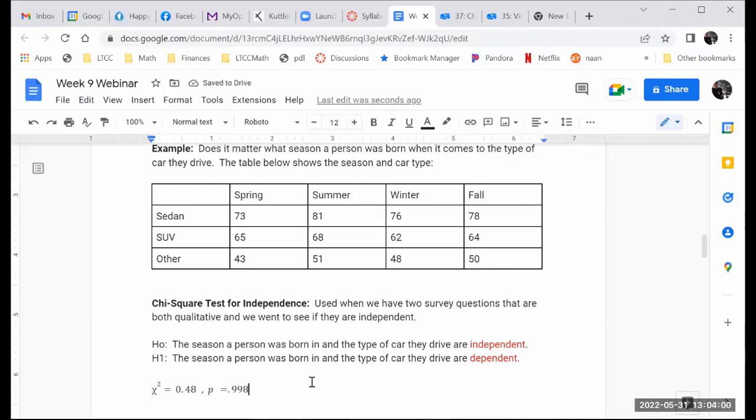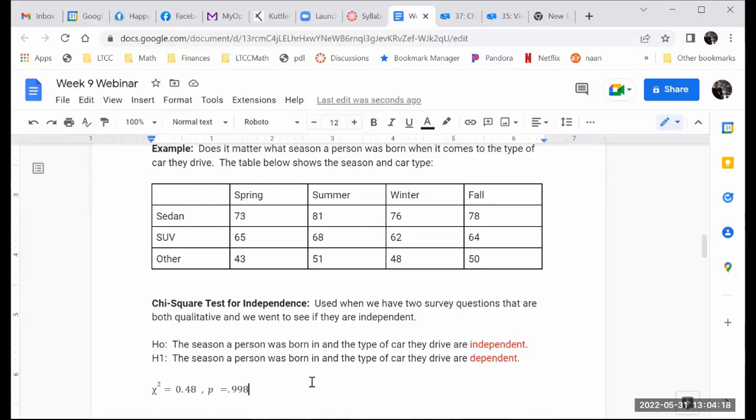All right, what do you notice about this p-value? Very high. Yeah, this is as high as you've probably ever seen a p-value. Okay, so what does that tell you? There does not appear to be a correlation.